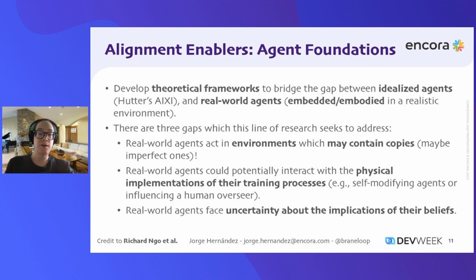And of course, they will face the same problem we face, which is that we are not certain about what the results of our beliefs and actions will be. Idealized agents have infinite time, infinite compute. They can always calculate the right thing. They go to the mathematical limit and they get the infinite sum of stuff.